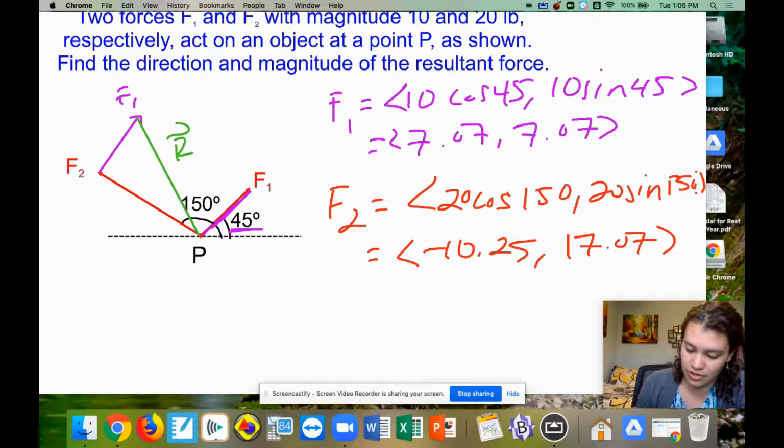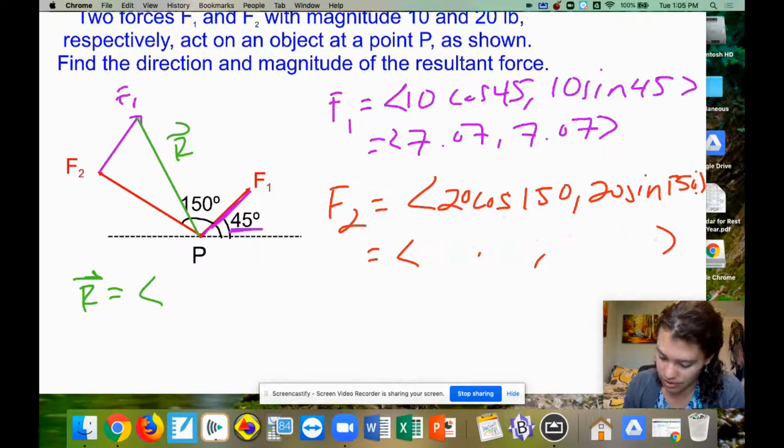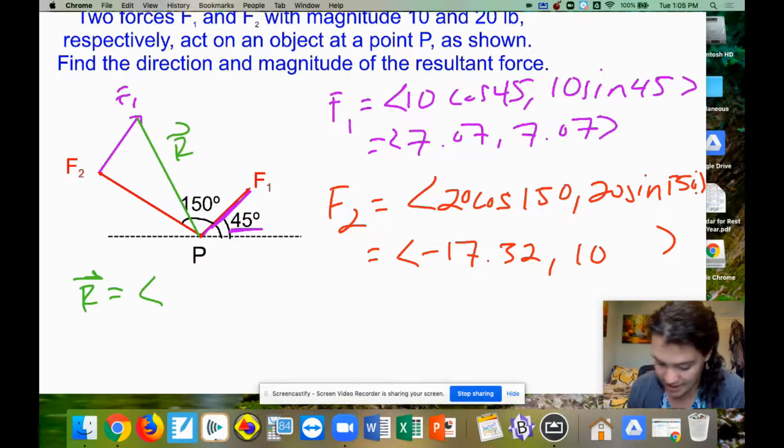So then our overall vector, or our resultant vector, is going to add those two together, and you'll get, oh, here I wrote down the wrong thing. 1 second. So this should actually give you -17.32 and 10.